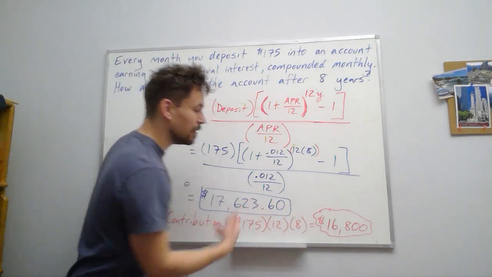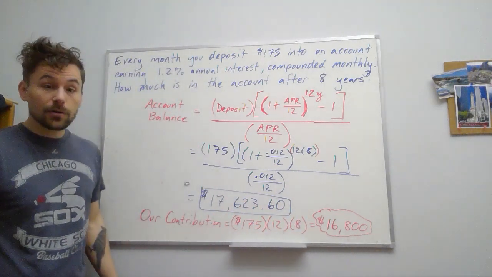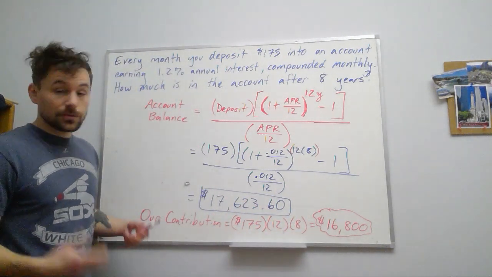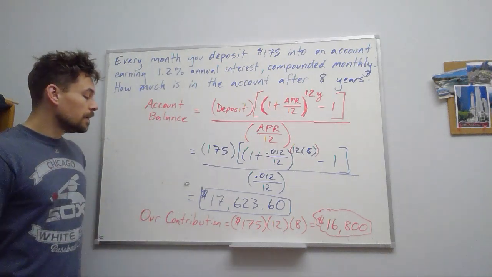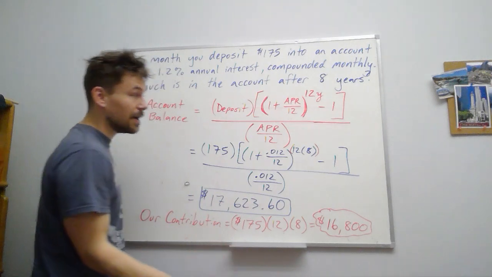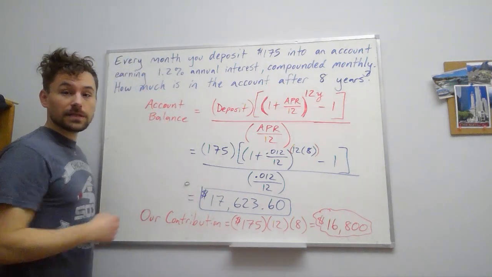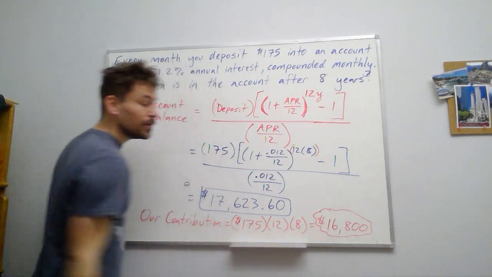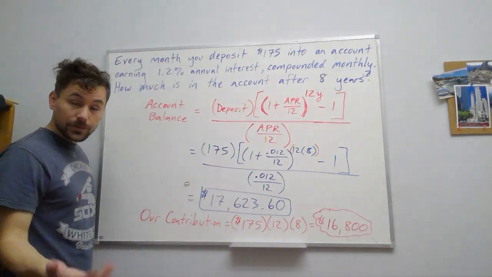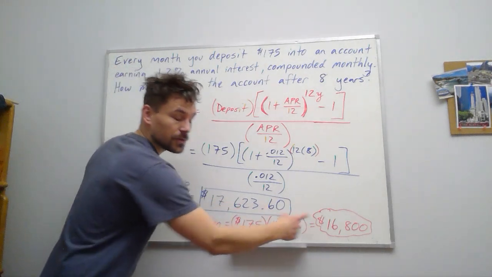So this is somewhere in the ballpark of 800 bucks, which you're sort of getting for free. That's the nice thing about interest that you're earning. So you could ask a lot of questions based off of this. What is the account balance? How much did we contribute? Or what is the interest that was earned? That's the difference of those two numbers.